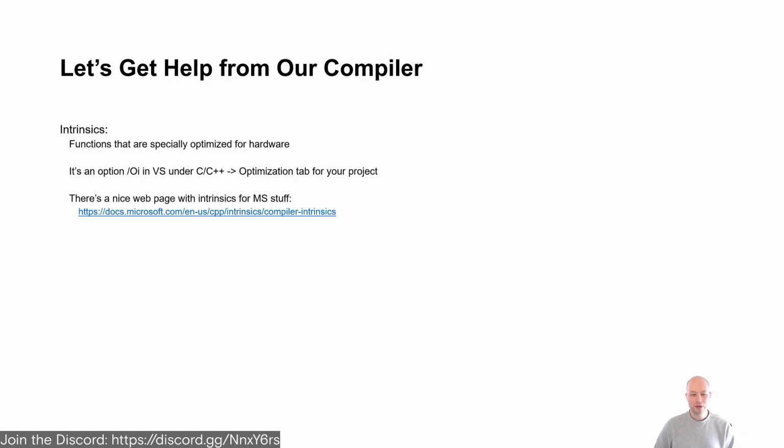So let's talk a little bit about intrinsics and what the compiler can do. These are functions that are optimized specifically for the hardware that we're running on. The compiler is aware of the underlying hardware architecture that we have. So are we on ARM? Are we on x86? Are we on AMD64? What is the specific architecture?